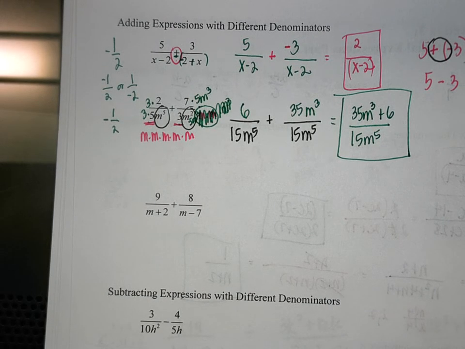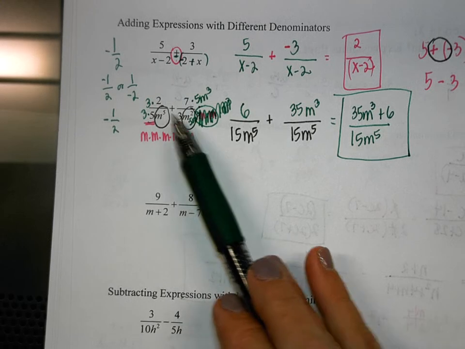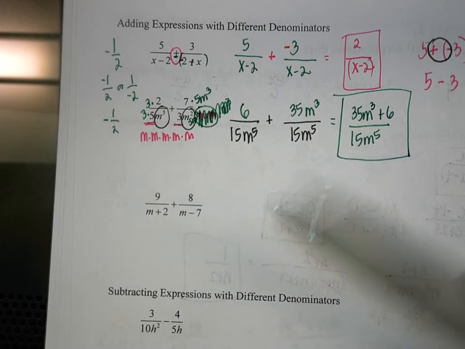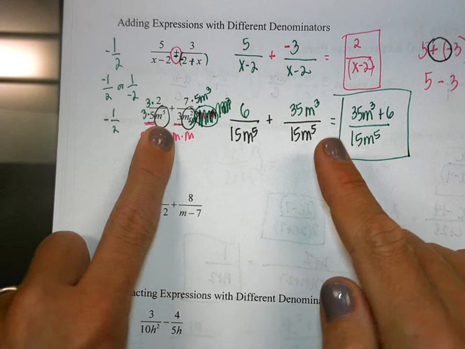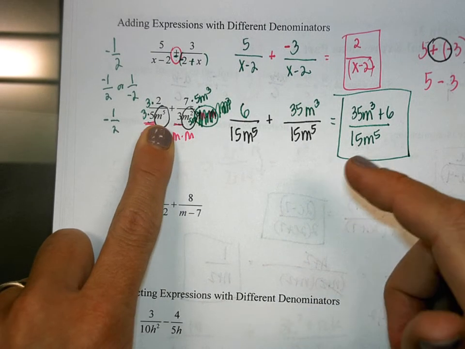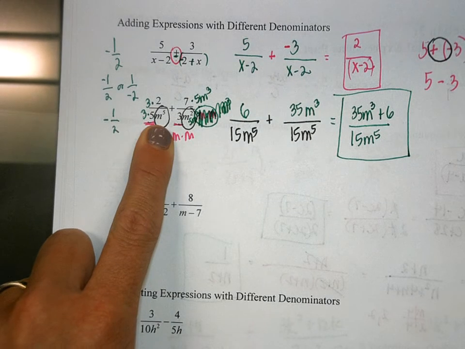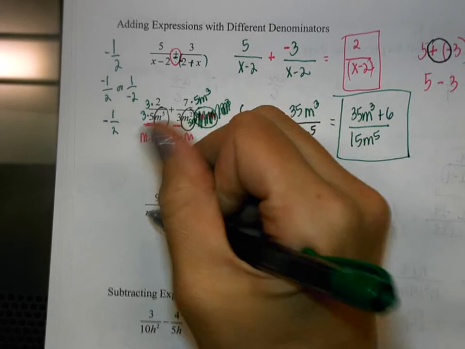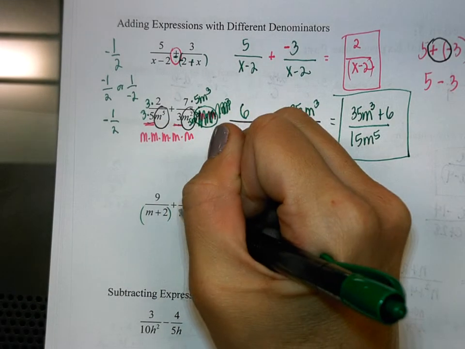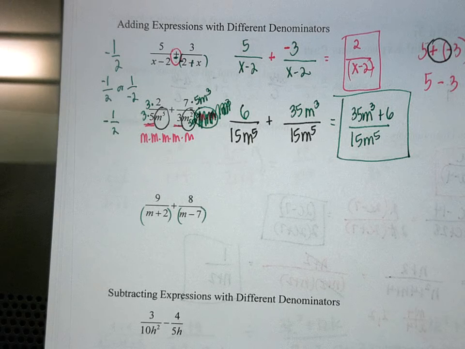Okay, so do you understand how we're trying to make these so they're like denominators? And so the most we need is whatever the highest exponent is, because we can multiply the other one to bring it up to that point. Okay? Now this one's a little different because we have an m plus 2 and an m plus 2 and an m minus 7.